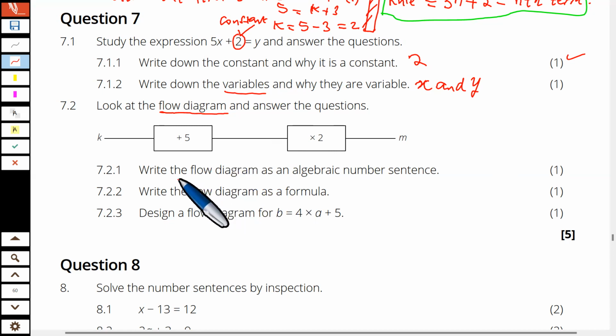Then we look at the memorandum, the answers to this. We'll discuss it together. But what do you think is the answer to 7.2.1?